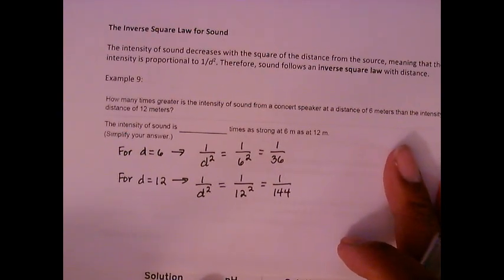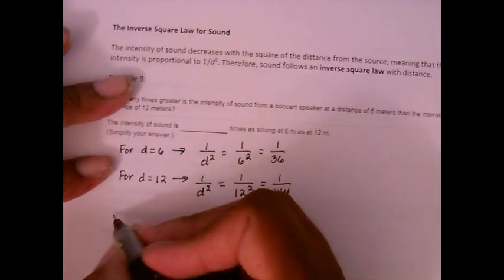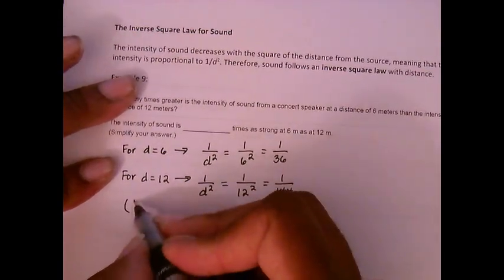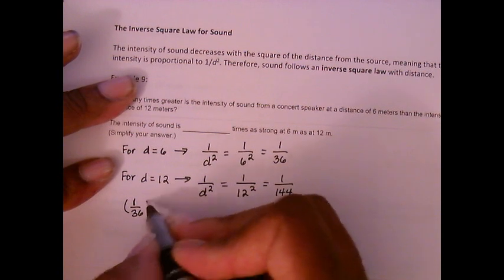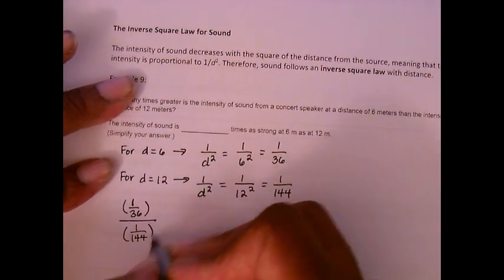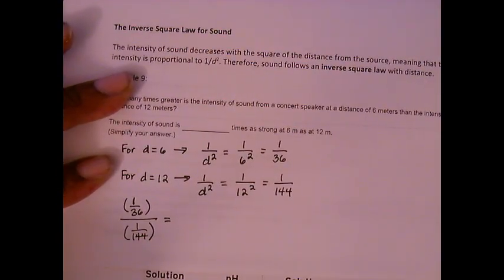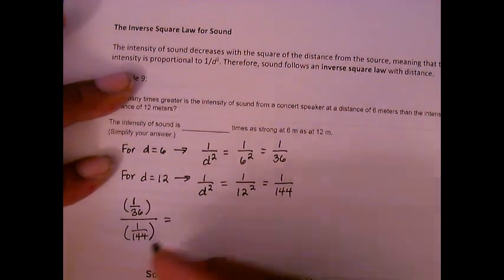So here we're going to have 1 over 36 divided by 1 over 144. Now this is a complex fraction. When we divide fractions, we always multiply by the reciprocal of the second fraction.